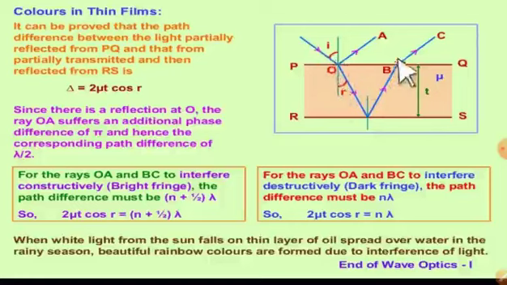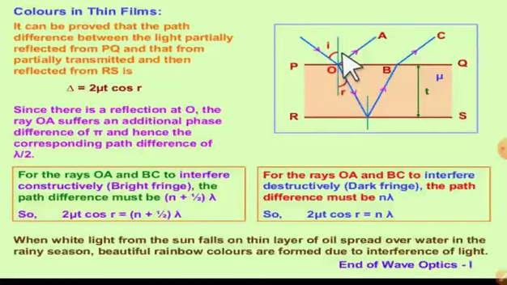So your path difference will be equal to what? Twice mu t cos r, where mu is the refractive index of the oil film, or thin film you can say, and t is the thickness of the film. Then we know that when light is reflected from this thin surface, the phase difference between the incident and the reflected light is pi radian.